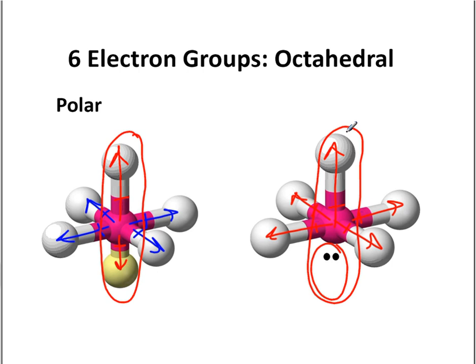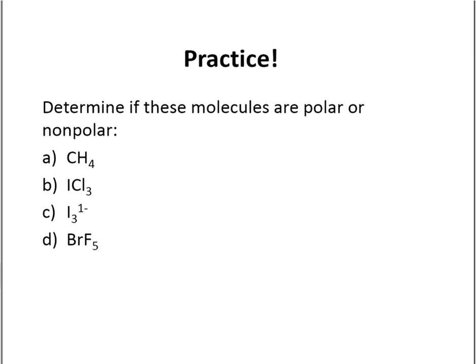So now that we've looked at vectors, vector addition, dipoles, different possibilities for the 6 electrons, 5 electrons, 4 electrons, 3 electrons, 2 electrons arrangements, let's look at some examples together to put this together. So the questions will ask you very simply, are these molecules polar or nonpolar?